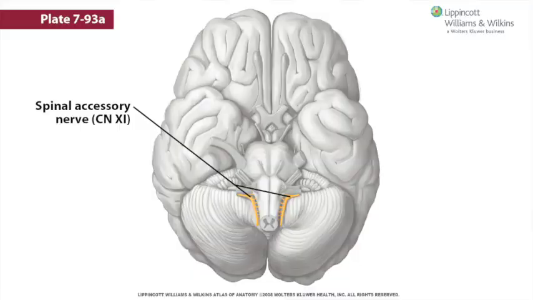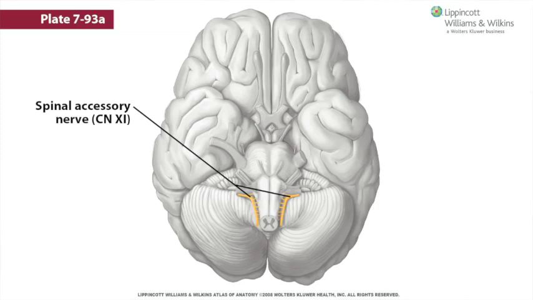The spinal accessory nucleus in the ventral horns of the gray matter at spinal cord levels C2 through C5 or 6 gives off axons that emerge from the spinal cord laterally between the dorsal and ventral roots as rootlets that converge to form the spinal accessory nerve.